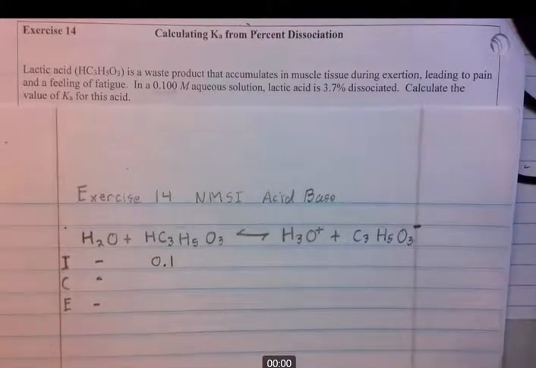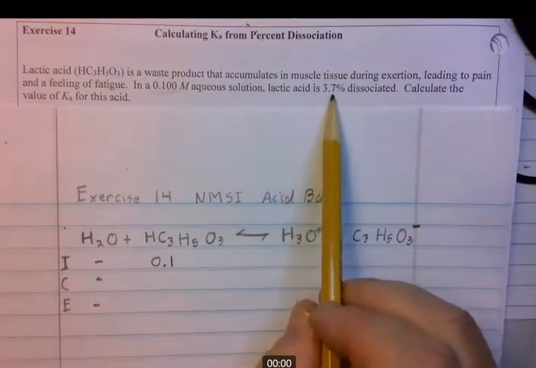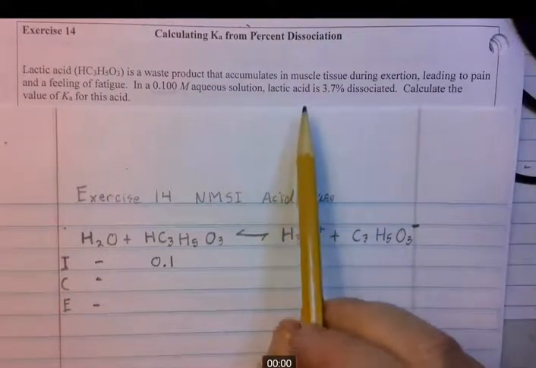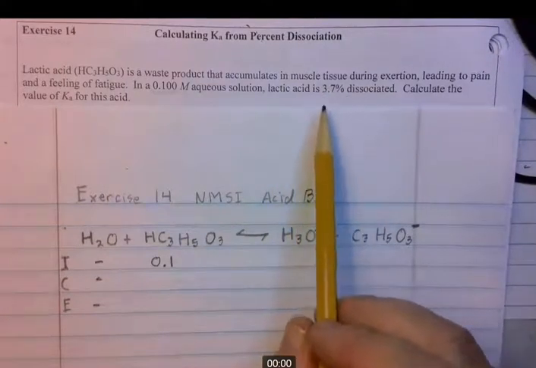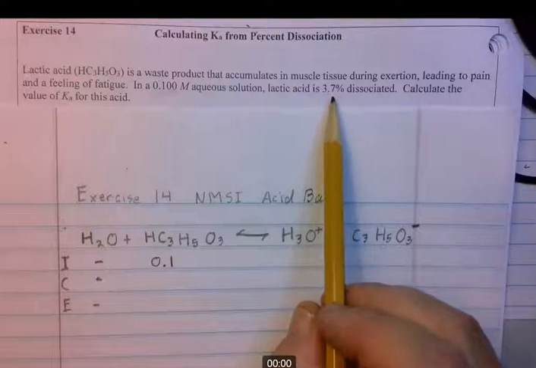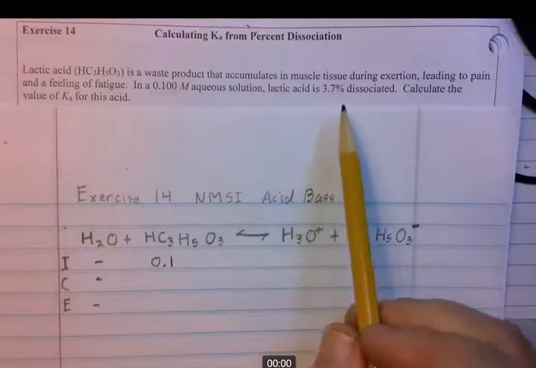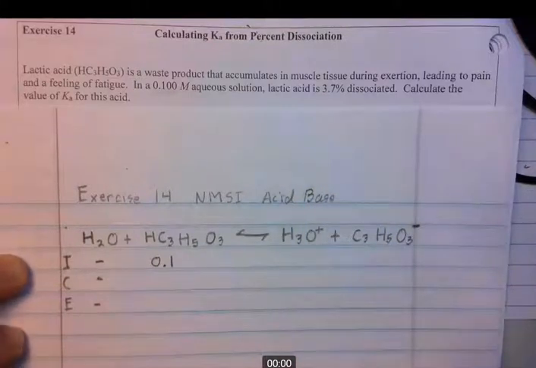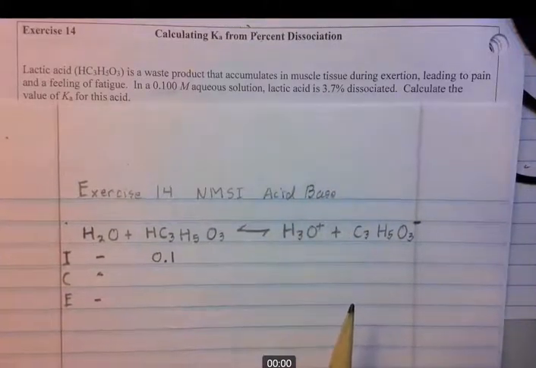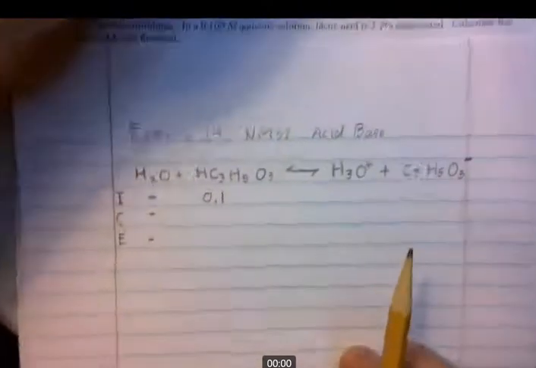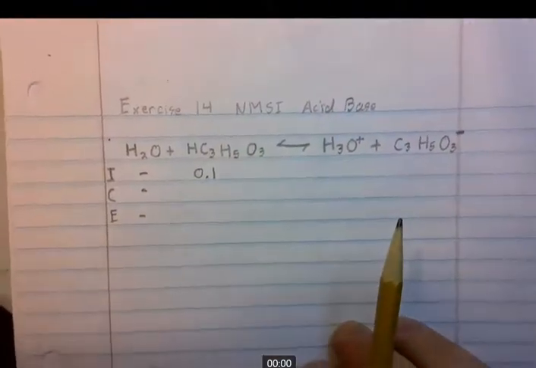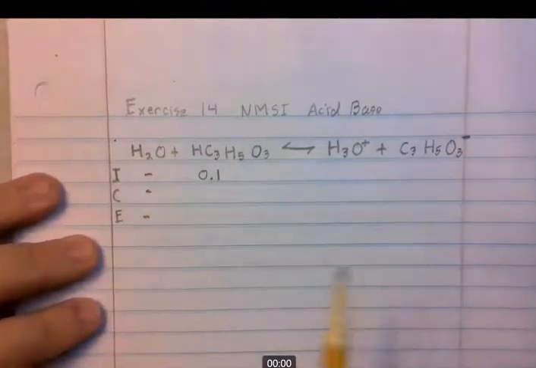And now we're going to have to do some calculations, because what we know is that at the end of the reaction, it's 3.7% dissociated. That doesn't happen right at the beginning. That's at the end of the reaction, which means that's going to be an equilibrium situation. So let's go ahead and write the dissociation equation that we used in the previous problem.